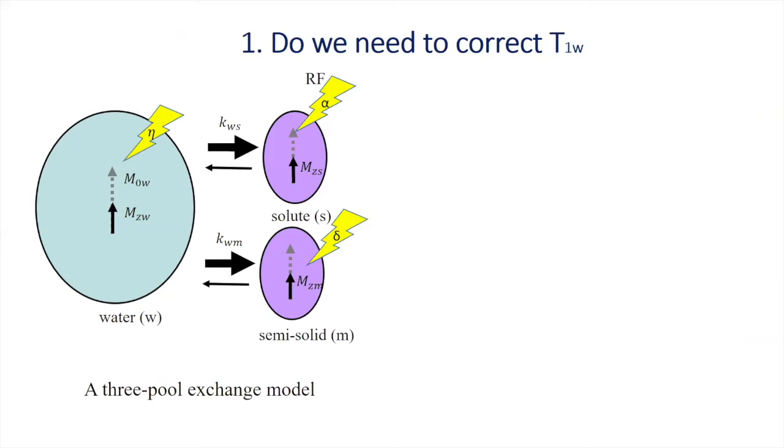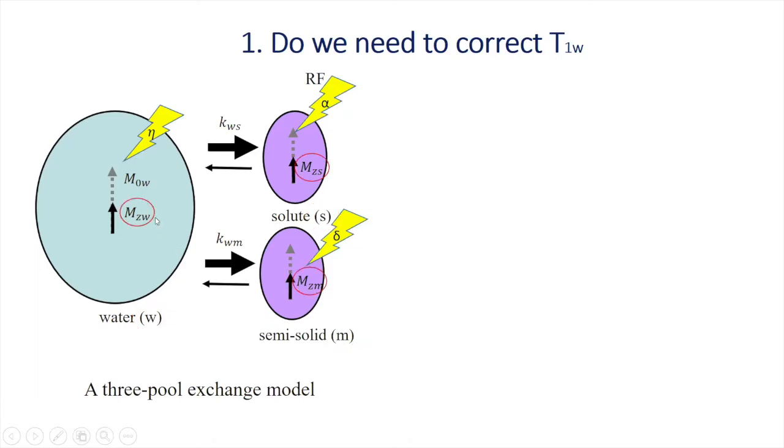Okay, now the first question: do we need to correct water T1? I will analyze this issue by developing a signal model, which shows the dependence of the CEST signal on T1. So here we have a three-pool exchange model. We use W to represent water, S to represent solute, and M to represent the semi-solid pool.